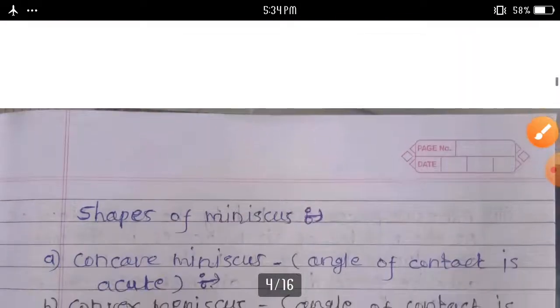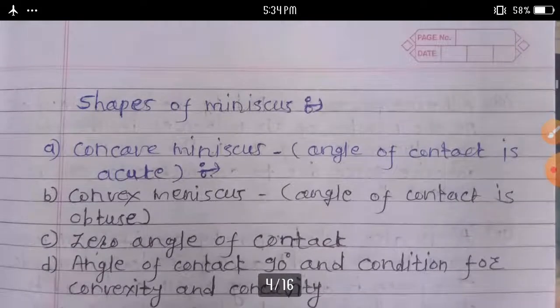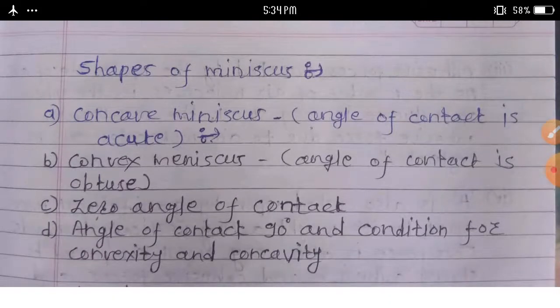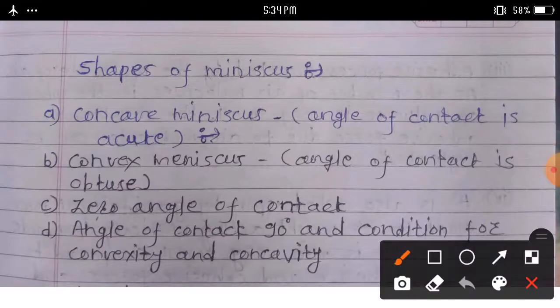Then the next point is the shape of meniscus. In this point we discuss four cases. First is the concave meniscus; here the angle of contact is an acute angle.